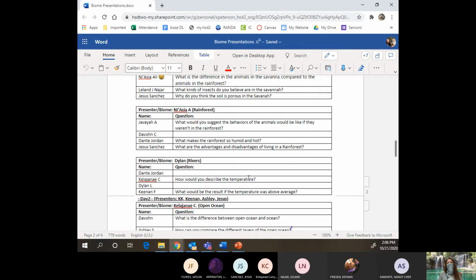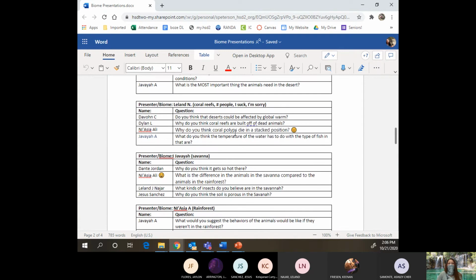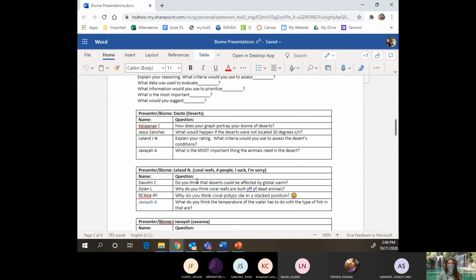I think you can come up with a little stronger one than that, or at least be more specific. What about that biome of rivers and streams did you want more information on the temperature about? There was one, I can't remember. I feel like it was early on.